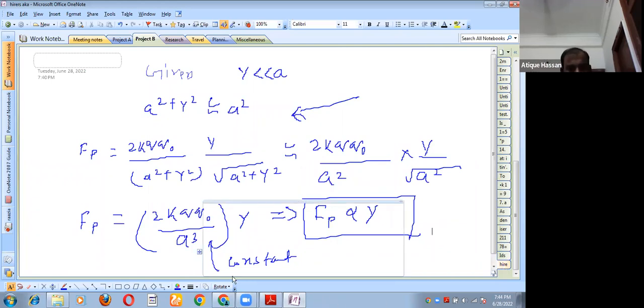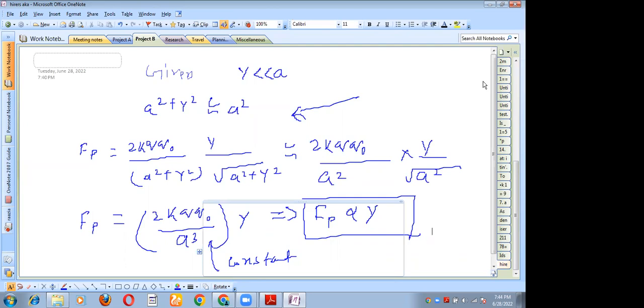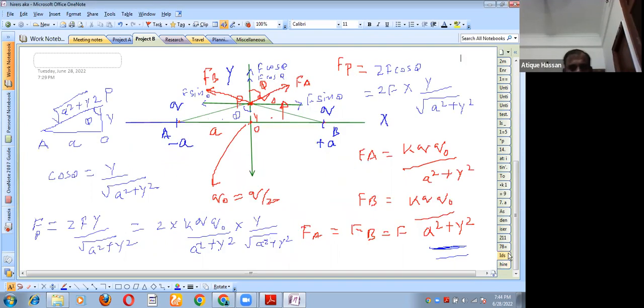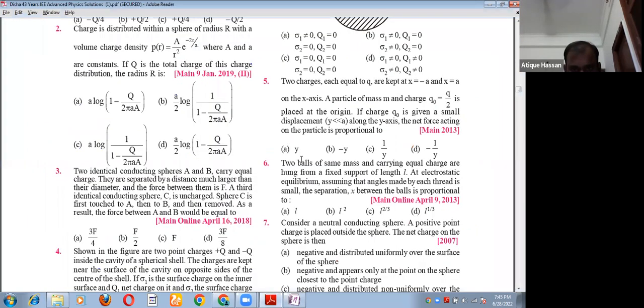Understood my point? What I'm trying to say? Yes, sir. Their charges are positive and the force is repulsive. So force will be along upward direction. Resultant force will be along upward direction. But if charge on P is negative, then net force will come downward and F will become proportional to minus y. Getting my point? So this is how we proceed for such questions.